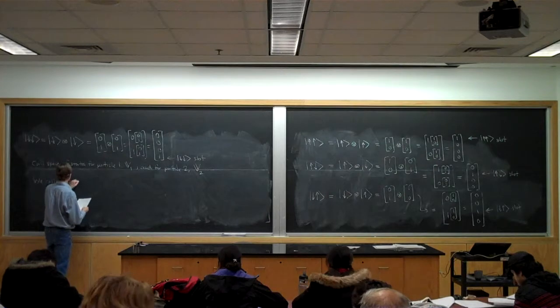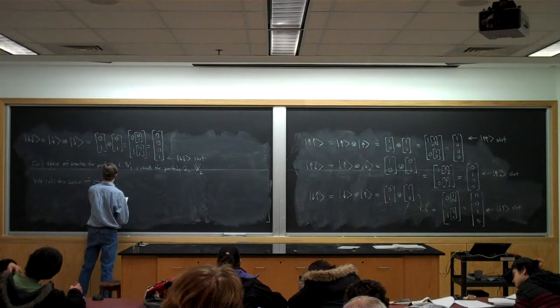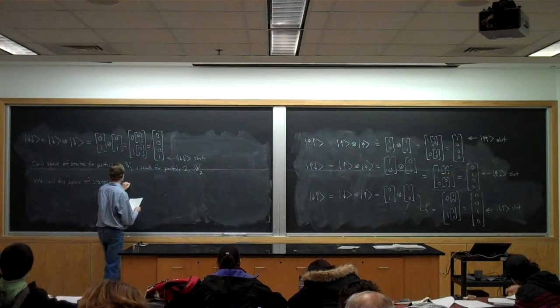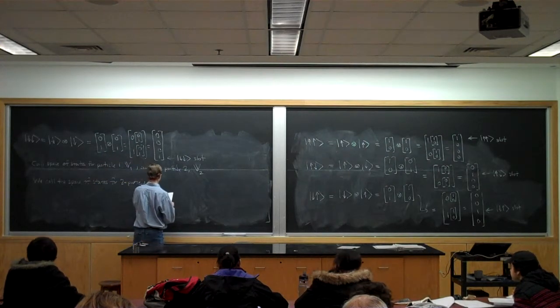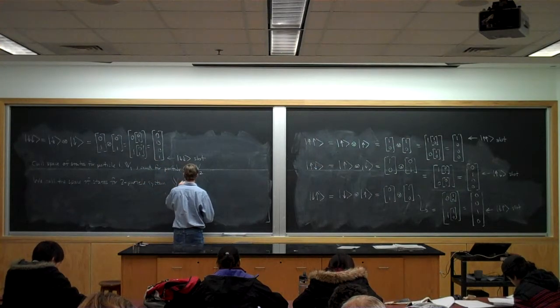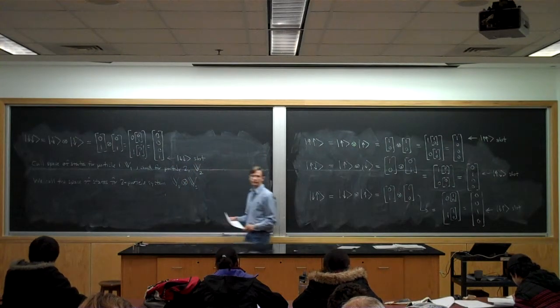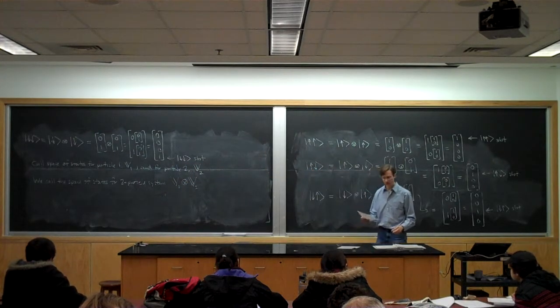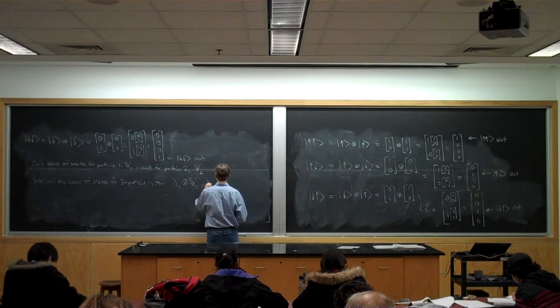We call the space of states for the two-particle system V1 direct product with V2, the direct product space.